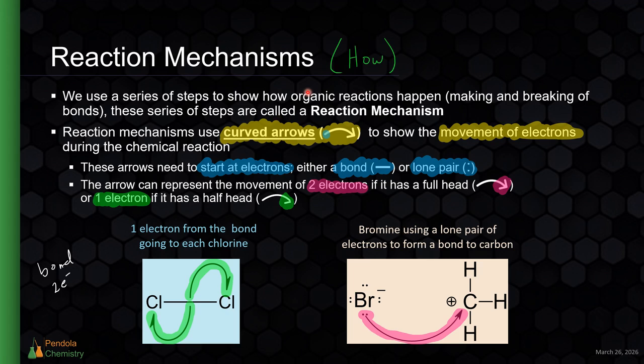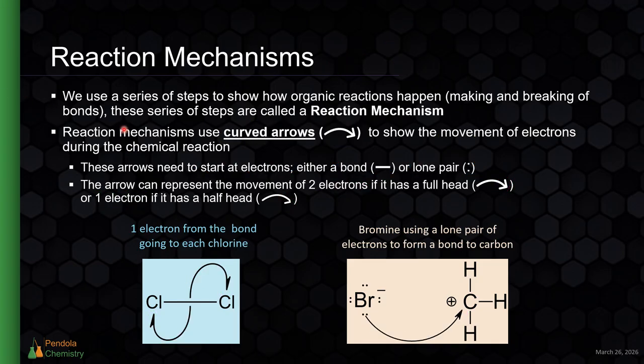And one of the most important things that they show is the movement of electrons by using curved arrows. If the curved arrow has a half head, then that means that's 1 electron being moved. If it has a full head, that means 2 electrons are being moved. And these arrows are always going to start at either a bond or a lone pair because they need to start at an electron.